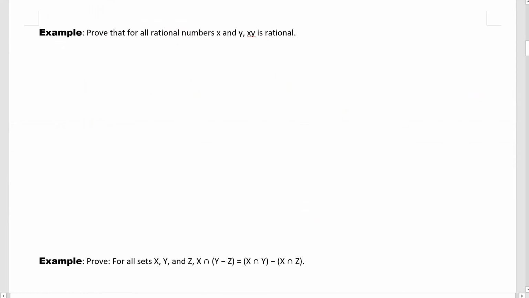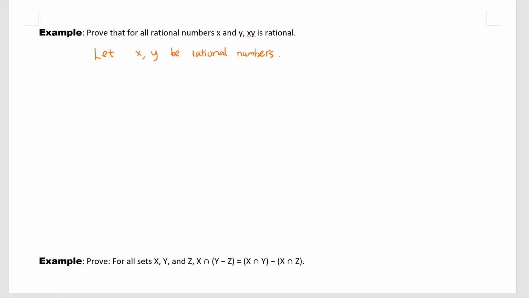Prove that for all rational numbers x and y, x times y is rational. Okay, so let x, y be arbitrary rational numbers.